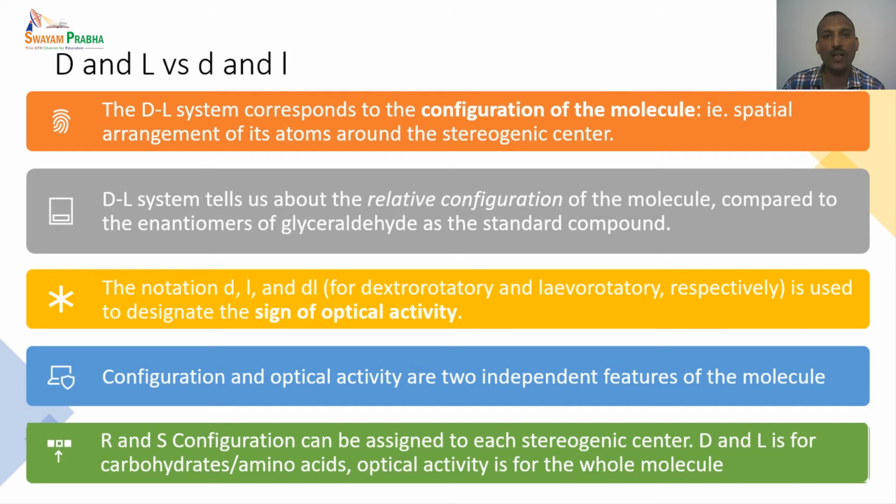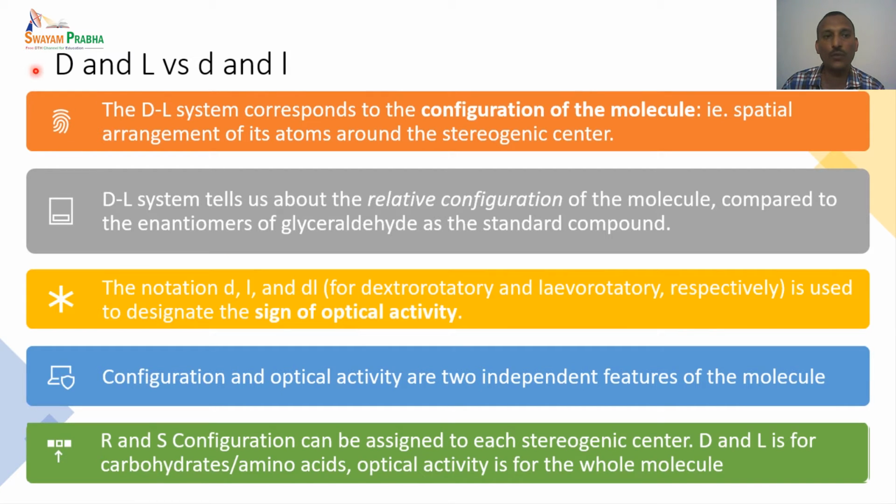That means if a molecule has more than one stereogenic center or chiral center, then we can assign the configuration D or L. Similarly, R and S notation, which we have seen earlier, is also used for the configuration. So D and L or R and S are basically configurations which can be assigned.